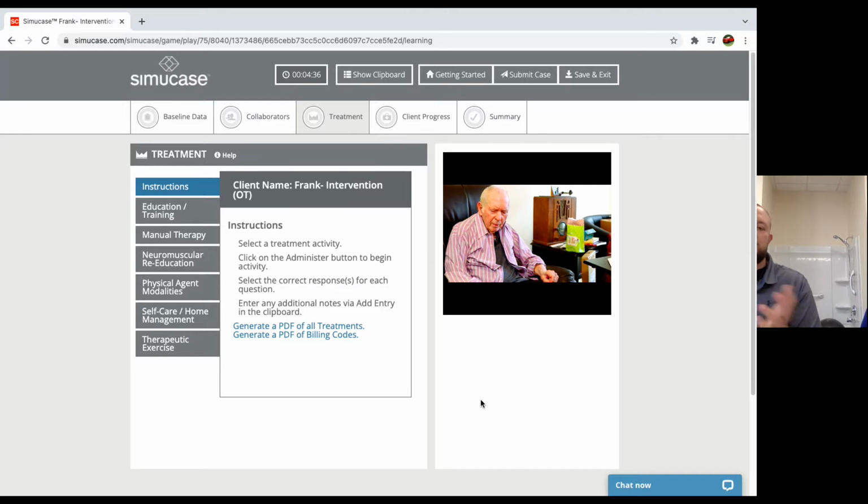It's kind of shaped how we're doing our syllabi now and planning our schedules out, having treatment intervention days, whole days set aside of going through a Simucase and working with a patient just as you would in the clinic. So we use Simucase in a little bit different ways. It is similar but different in a lot of ways.